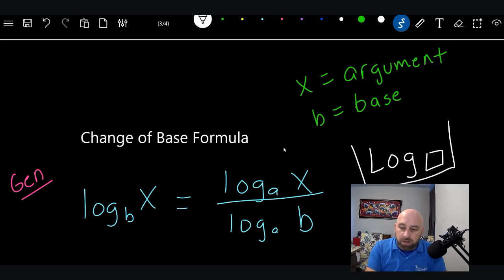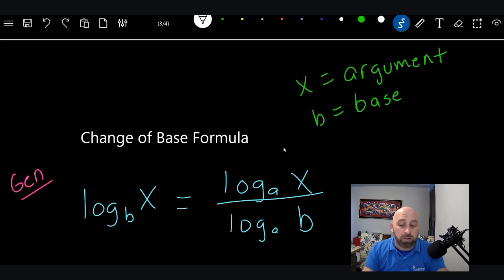If your calculator has this button, then you can do this without the change of base formula. But a lot of regular scientific calculators don't have it. It's what it says in the book if you read that little paragraph. They don't have it on most calculators.